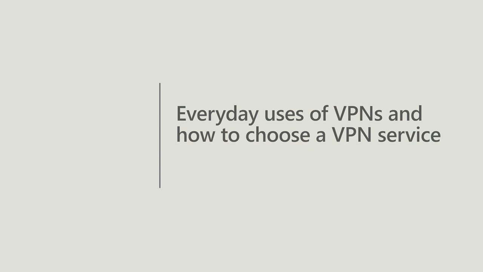Finally, in the third part of the module, you learned more about VPNs. You started by learning how VPNs are used in everyday tasks, ranging from remote work, online banking, browsing, and streaming. There are many VPN services available, and you learned what factors to consider when choosing a VPN service.